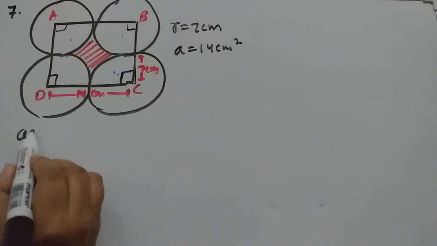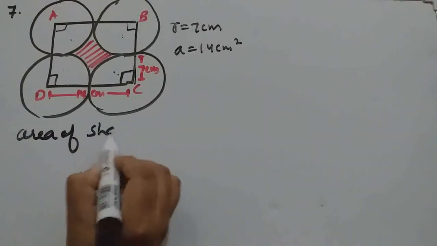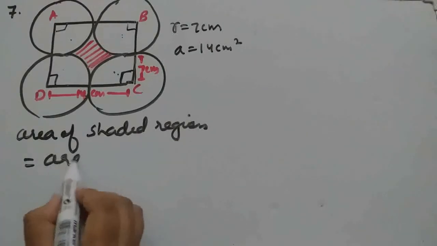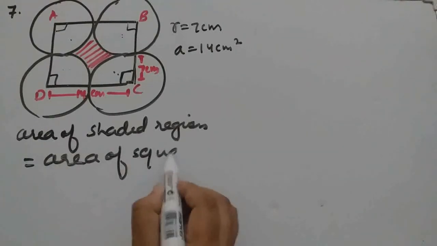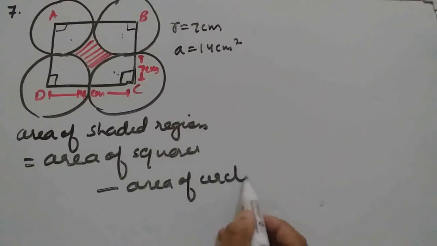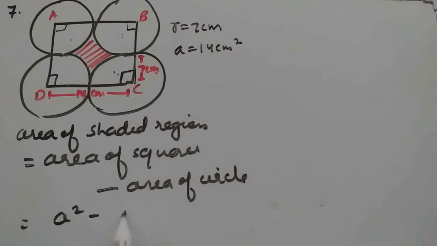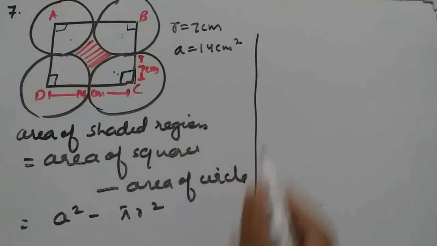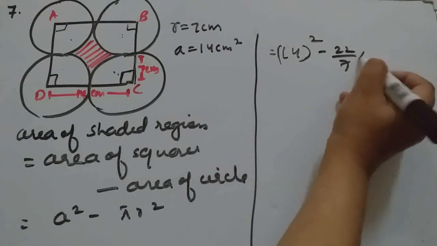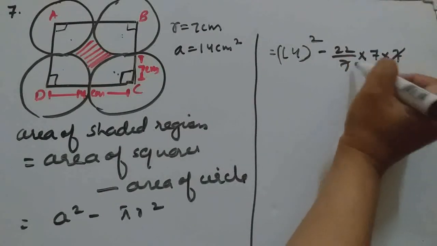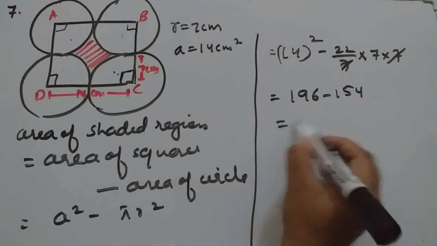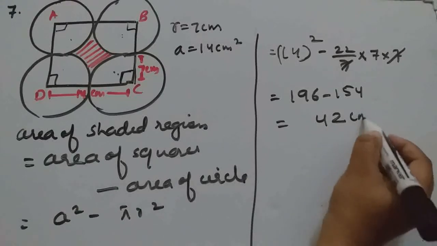Okay, so area of shaded region will be what? Shaded region equals area of square minus area of circle. Okay, so a square minus pi r square. So a square means 14 square minus 22 by 7, r is 7 into 7. So this will go 196, 154. So answer will be 42 centimeter square.